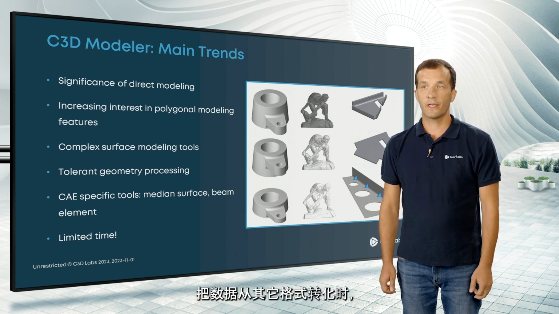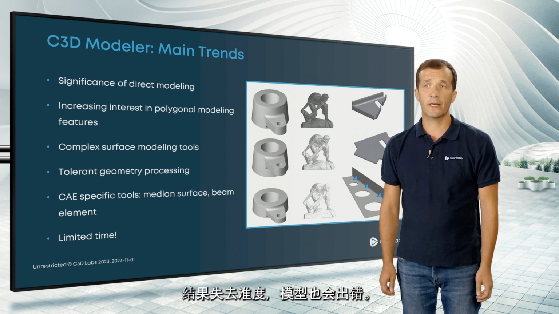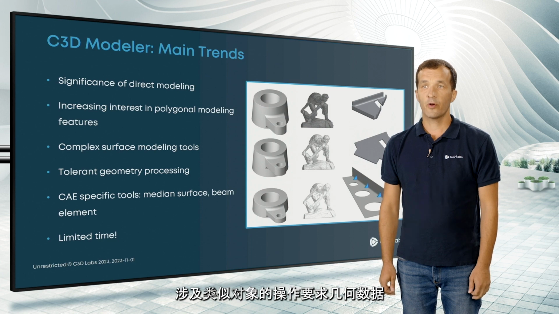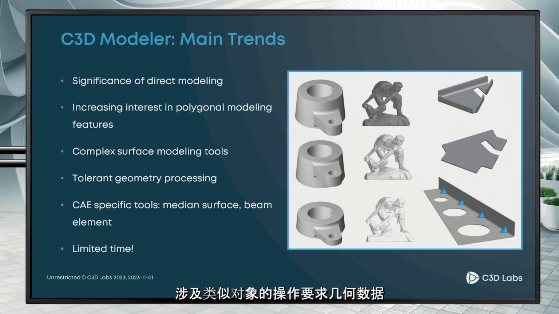Translation from other data formats results in loss of accuracy and some defects in models. Operations with such objects require both the development of tools for diagnostics and repairing of geometry, and the support of controlled accuracy of operations on such objects.